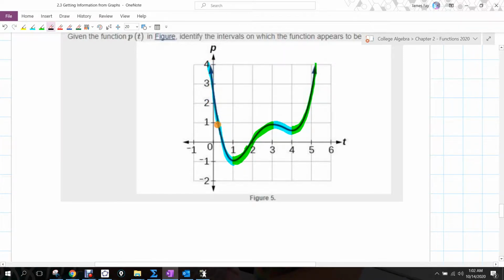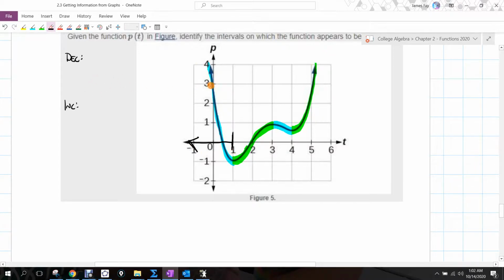But remember, I always write my answer about decreasing or increasing as an interval of x values. So this blue is my y values. What interval of x is that set of y values being established for? And it's these x values to the left of 1.